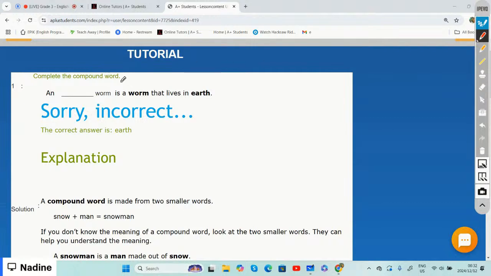And what worm? An earth worm is a worm that lives in earth. We need to find the compound word of those two words.